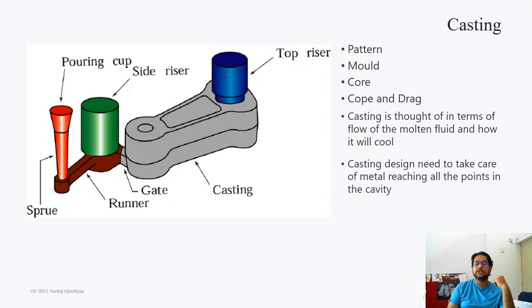The side riser and the top riser are two places which work like reservoirs of molten material. When the main casting body, which is the largest volume in the whole piece, tries to cool down, it pulls in material from these two spaces, and that ensures that the casting dimension is not warped or changed, and it comes out fairly close to the dimensions that we want.